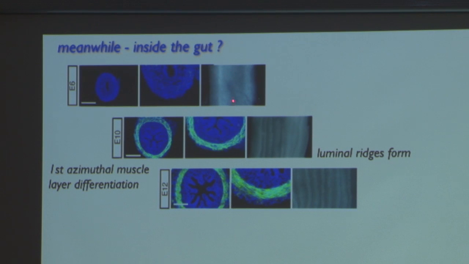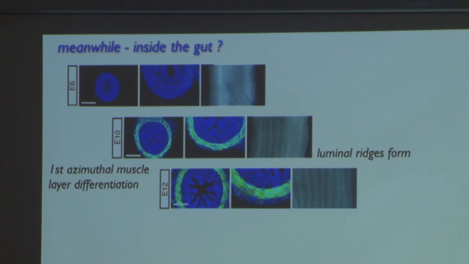When that happens, the inside of the gut, which is originally smooth, starts to become ridge-like. I'd like you to imagine that I have this cylinder and it's trying to grow, but the outside prevents it from growing, and therefore you have all this excess material, and it starts to form folds. Very similar to what I showed you happens outside, but now inside the gut.